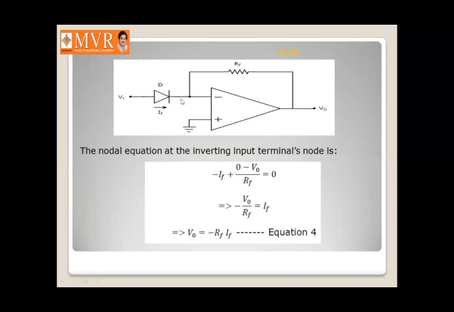By Kirchhoff's current law, minus If plus (0 minus V naught) divided by the resistance in this path is equal to 0. From this we can write minus V naught by Rf is equal to If, so V naught is equal to minus If into Rf. We take this as equation number 4.